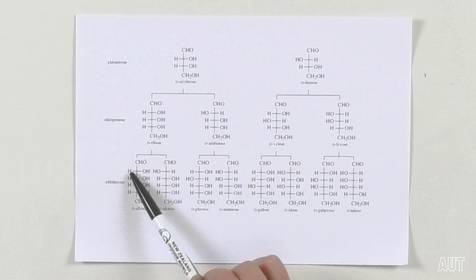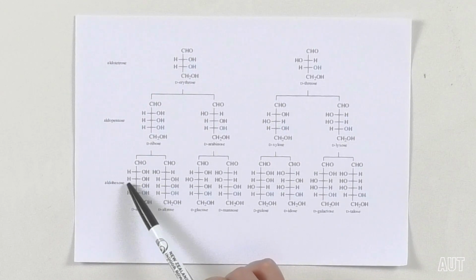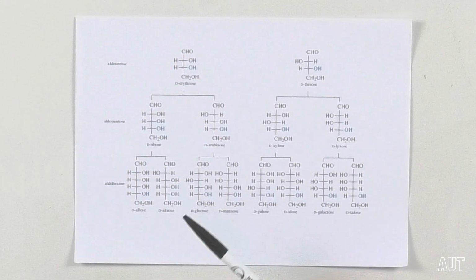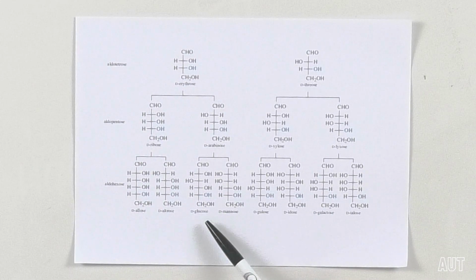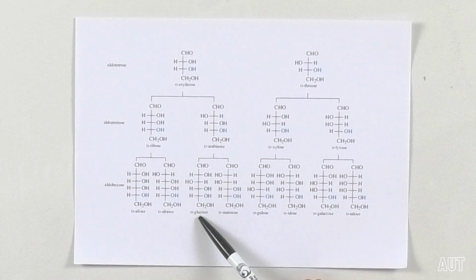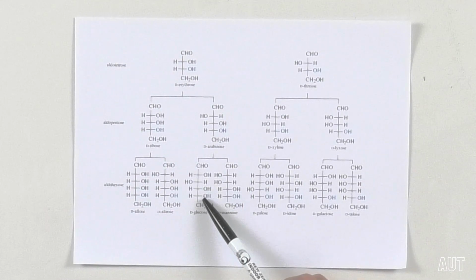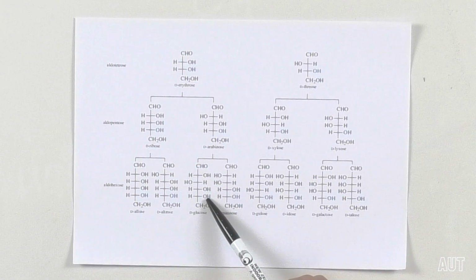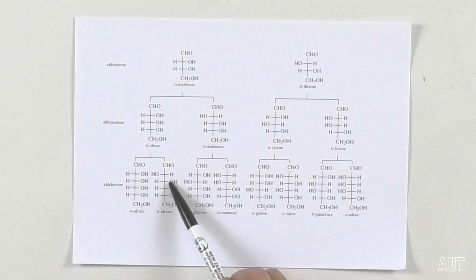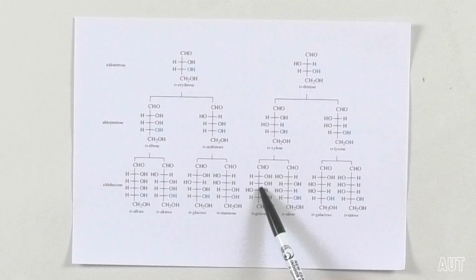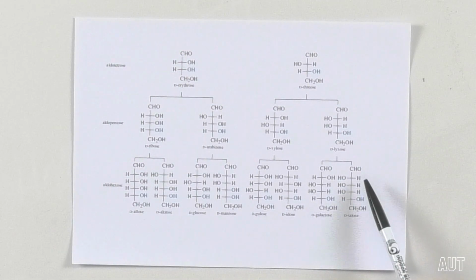So these 4 central carbons are all stereocenters. They've all got H's and OH's on them. Allose, altrose. Here's the one that you absolutely will have heard of, D-glucose. This is called D-glucose because the OH on the penultimate carbon is on the right. And if you look at the configurations of all of these 4 central carbons, they're all different.